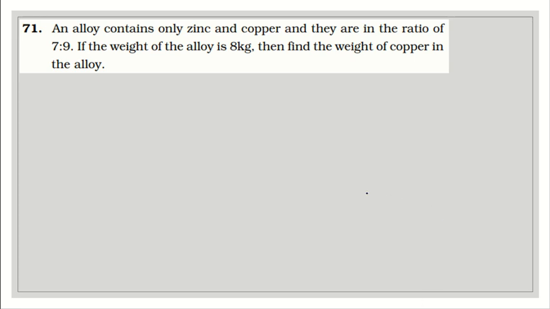Moving on to question number 71: an alloy contains only zinc and copper, and they are in the ratio of 7:9. If the weight of the alloy is 8 kg, then find the weight of copper in that alloy. So here the ratio between zinc and copper is given as 7:9.